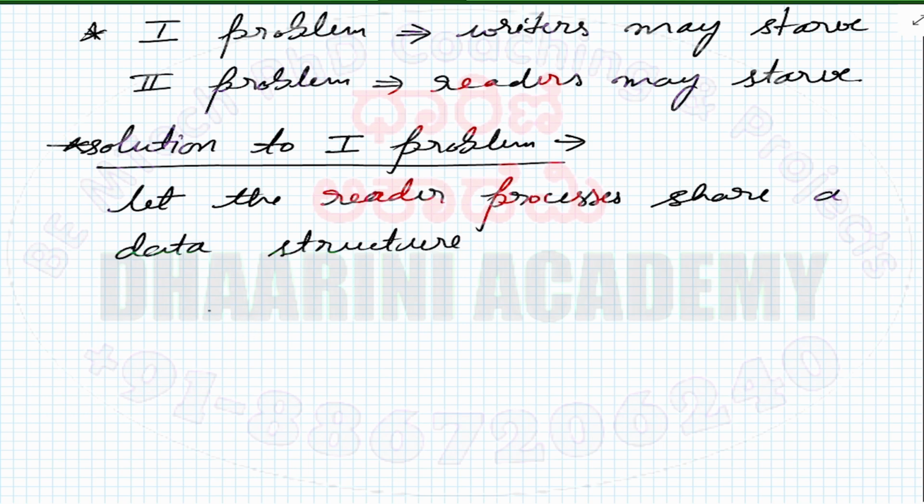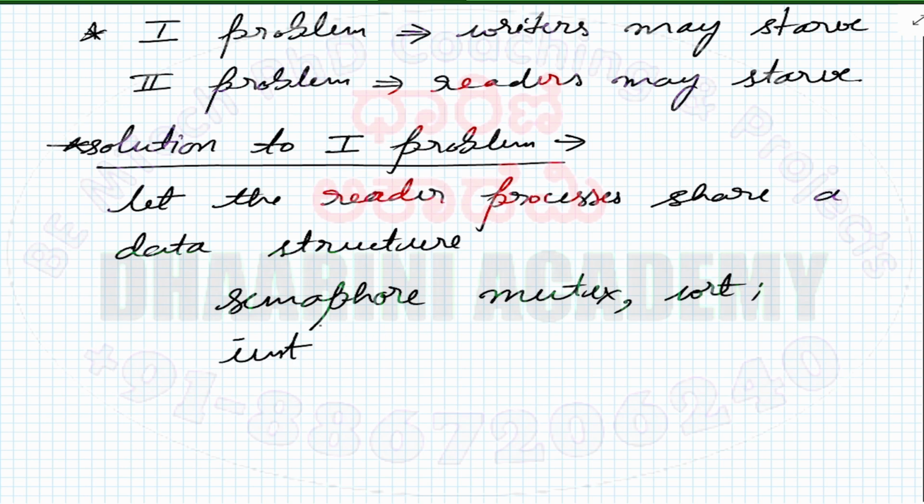That is, it's a semaphore. One is mutex and one is WRT. It's for writing. And then we also use an integer variable to have a read count.